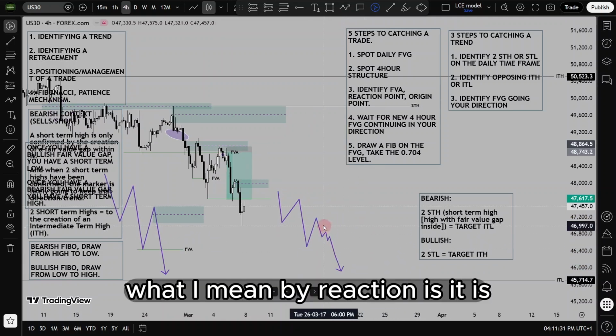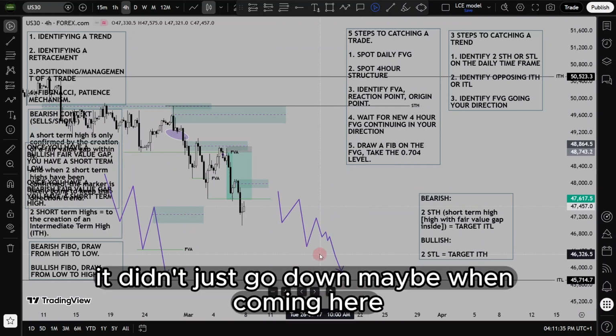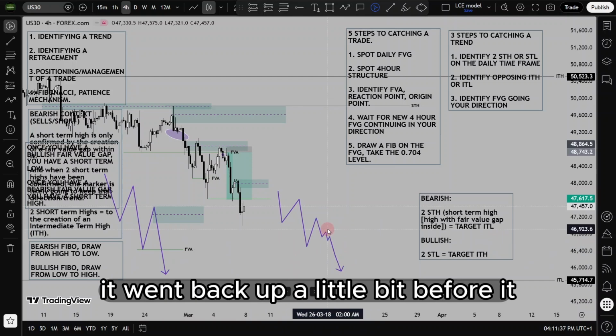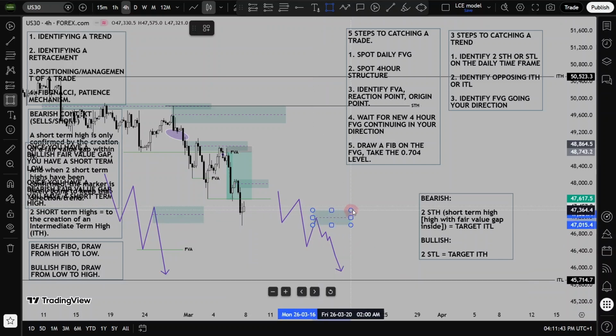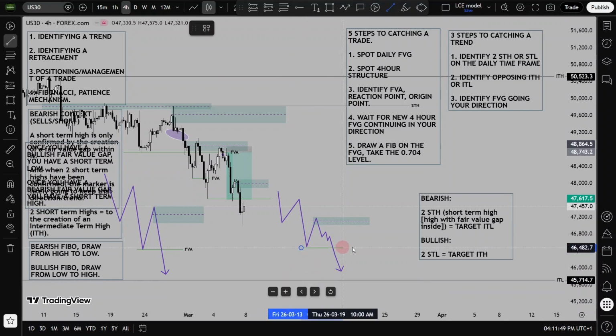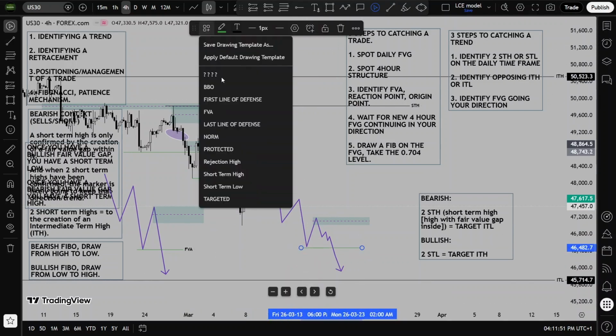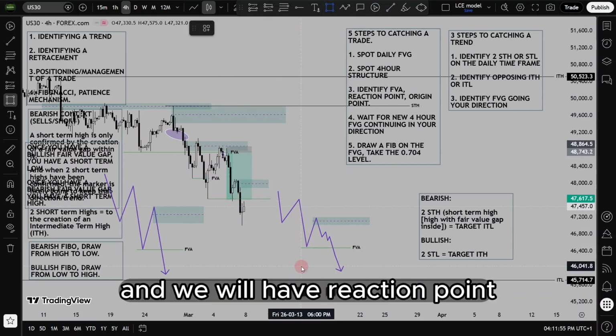What I mean by reaction is it was not a smooth breakdown. It didn't just go down. Maybe when coming here, it went back up a little bit before it finally breaks. So now in this scenario, what you will have is origin, we have fair value area, and we will have the reaction point.